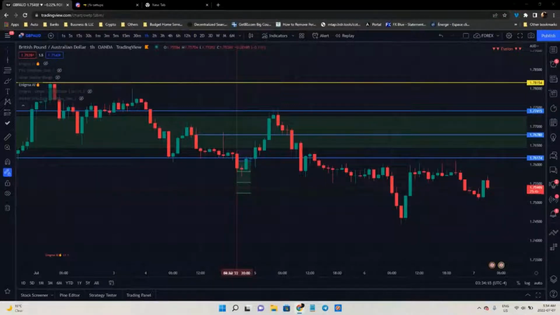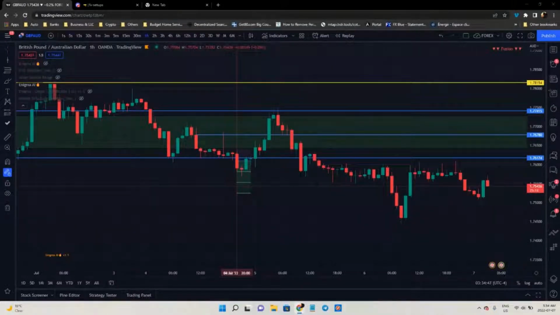So the lot size is 0.10 per $1,000. Let's say I have a 10K account, my lot size is one standard. If it's a 100K account, it will be 10 standard. If it's a 200K account, it will be 20 standard. So that's the maximum that I would risk.